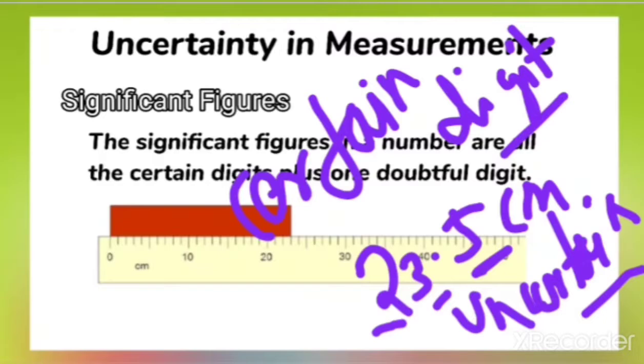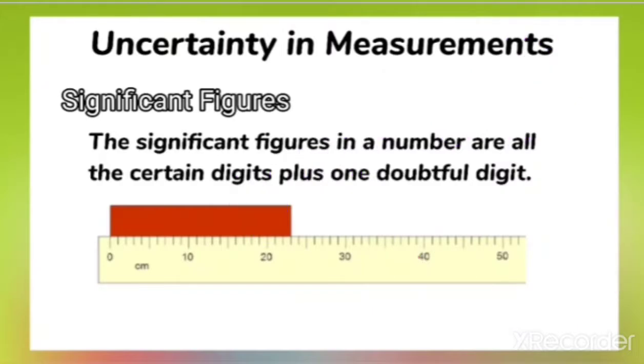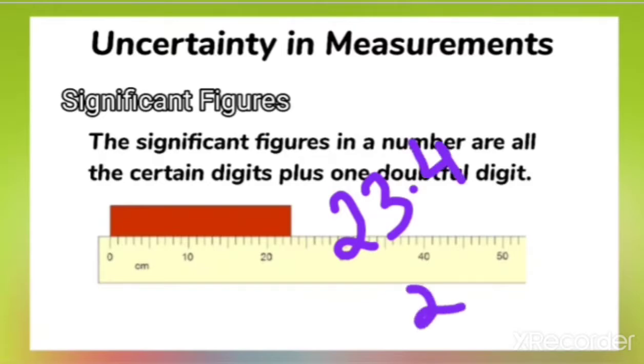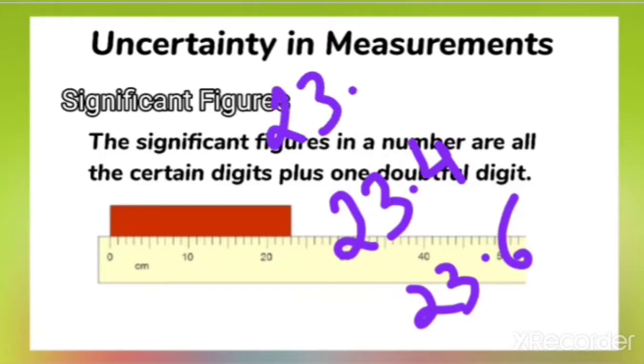Therefore, different persons measuring the length of this rod may report different values, because someone can report 23.4, someone will report 23.6, and some can report 23.5.